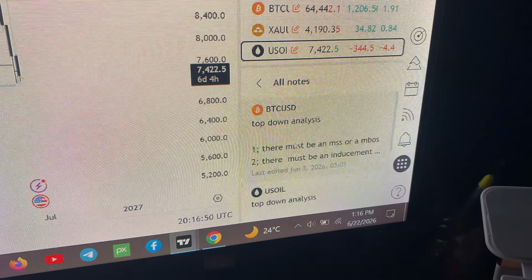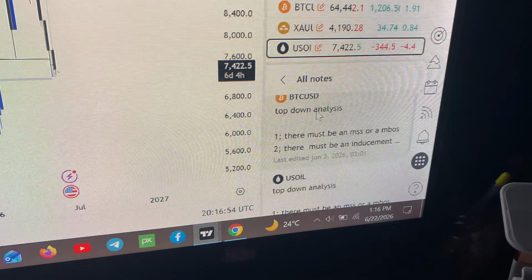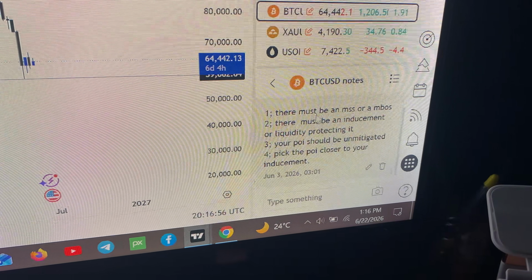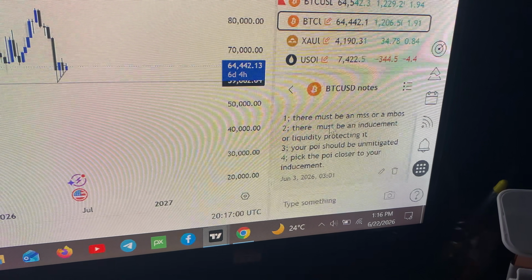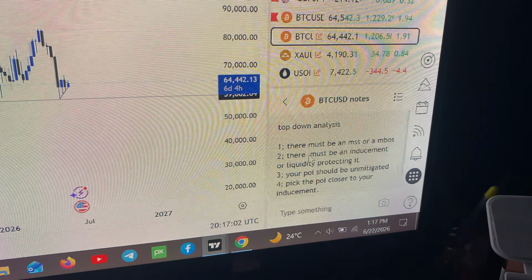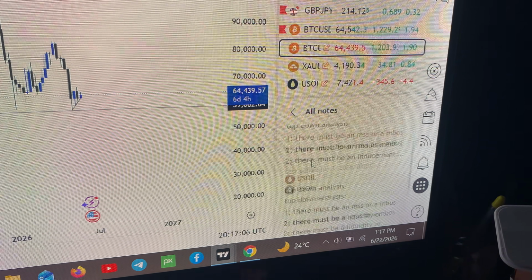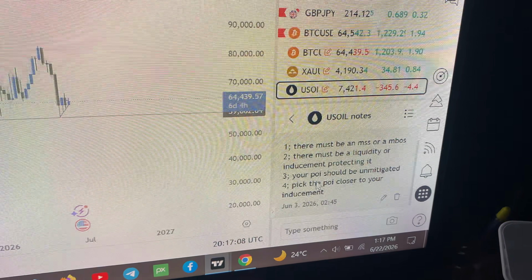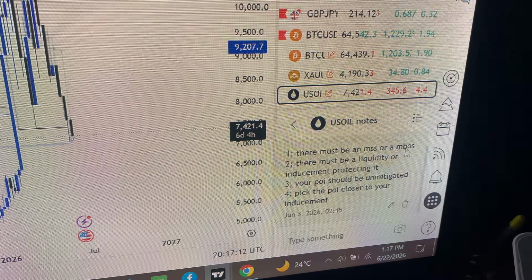We saw that our rules of picking a point of interest say that there must be an MSS or a multiple break of structure. Sorry, I just changed my pen. So we saw that there must be an MSS or a multiple break of structure.